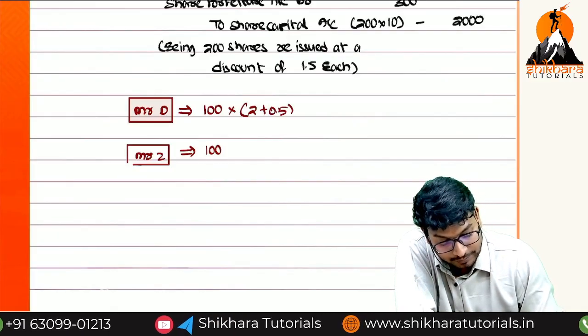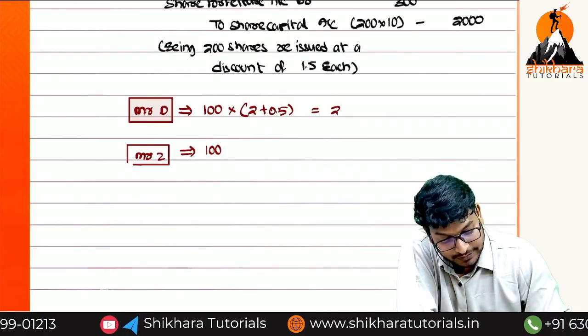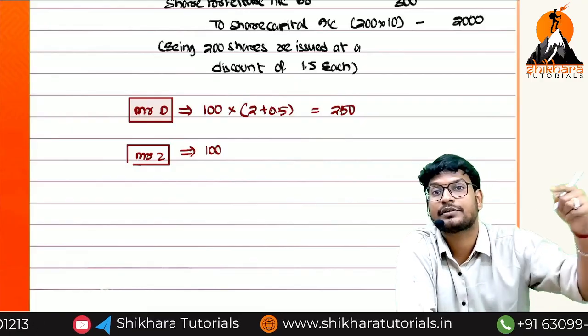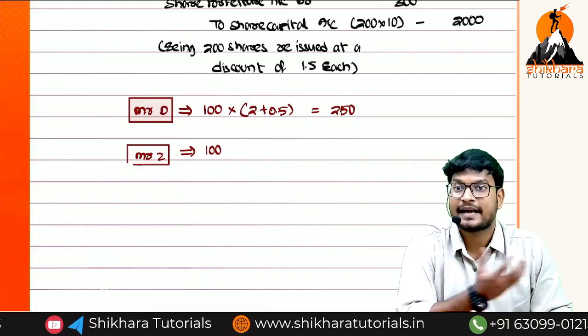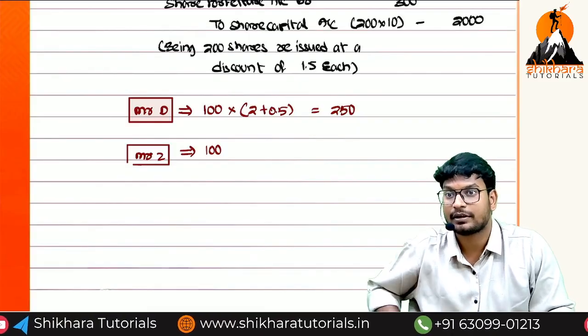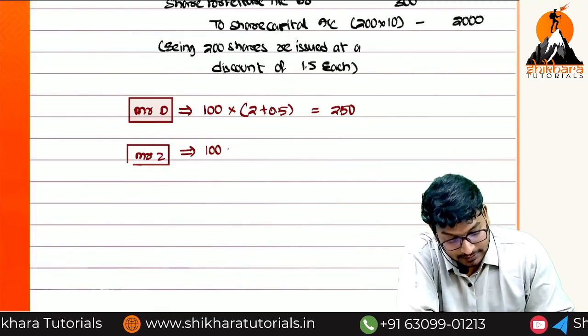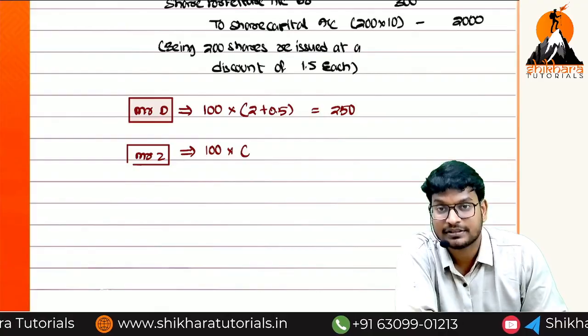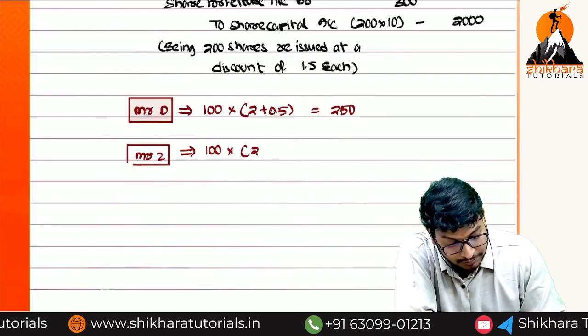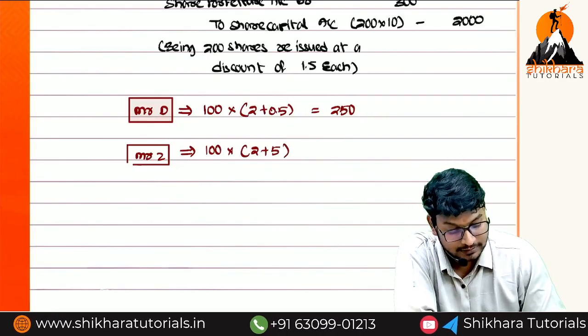So what is the amount? 250 rupees we have transferred to which account? Share forfeiture account. Are you getting the point or not? That is the thing I am asking, how much amount we have received. When coming to this 100, how much have we received? We have received 2 rupees on application and 5 rupees on allotment. That is equal to how much?